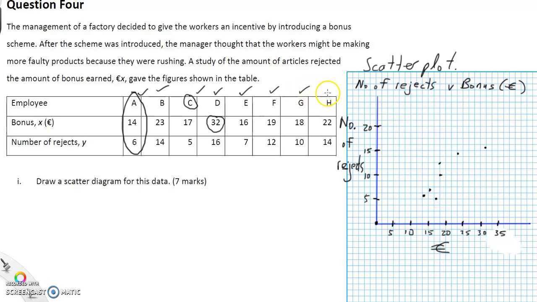And lastly, employee H, for Harry or Henrietta or whatever, 22 euros of a bonus, and 14 on the reject count. Out there. Okay, so that's our scatter diagram drawn. 7 marks.